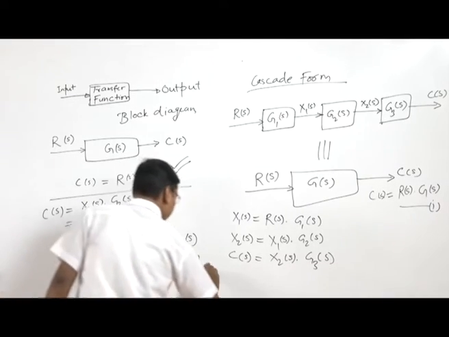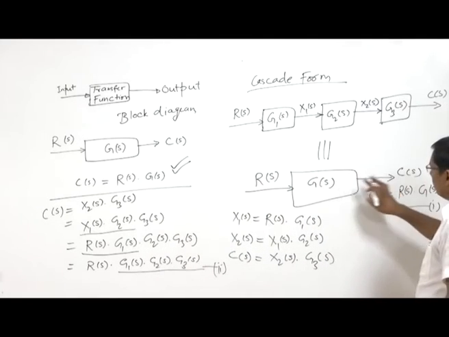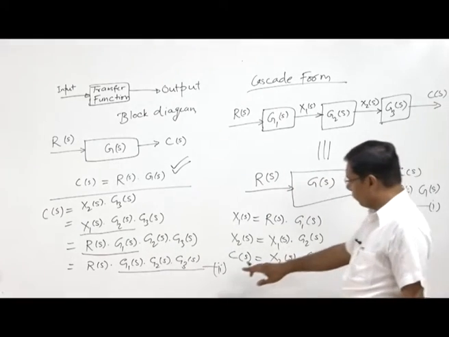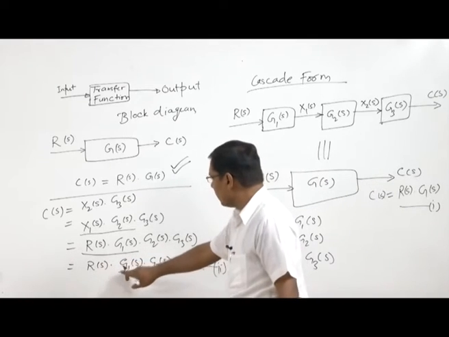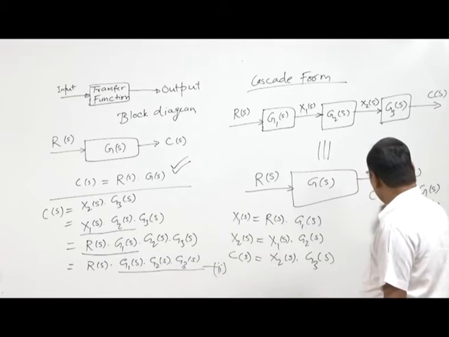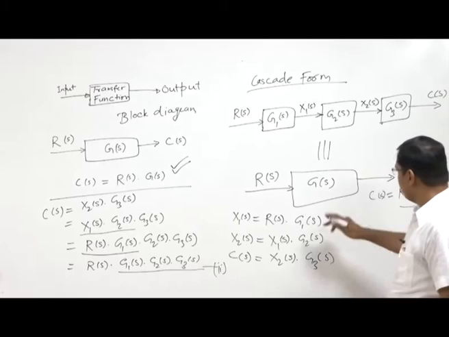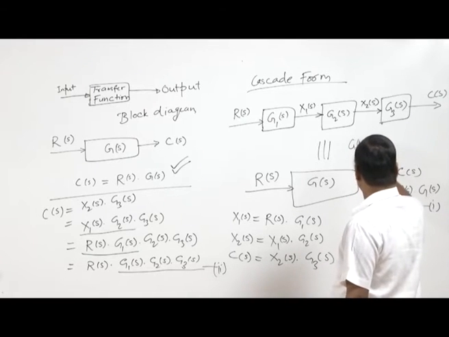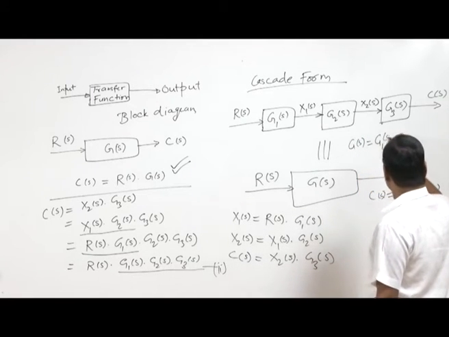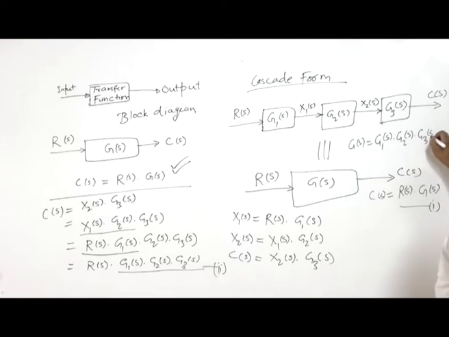So this is equation 1, where C(s) equals R(s) into G(s), and this is equation 2, C(s) equals R(s) into G1(s) into G2(s) into G3(s). Now if we compare equations 1 and 2, we can see that G(s) equals G1(s) into G2(s) into G3(s).